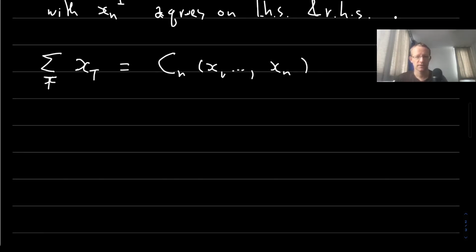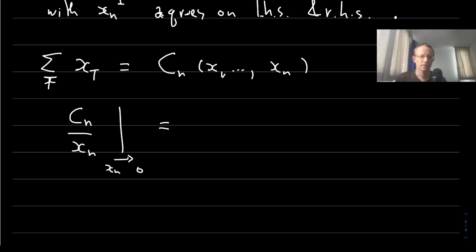And what we want to study is Cn divided by xn, where we send xn to 0, because then we pick all of the terms which are monomials with xn to the power 0.